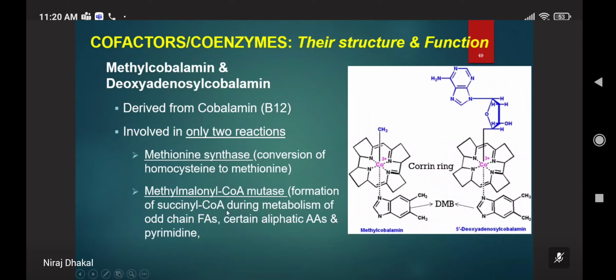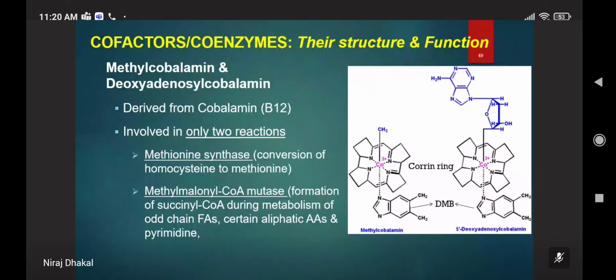And this succinyl coenzyme A will then enter the Krebs cycle and be metabolized through it. These are 2 important reactions where it is involved. Although there are only 2 reactions, cobalamin is very important.